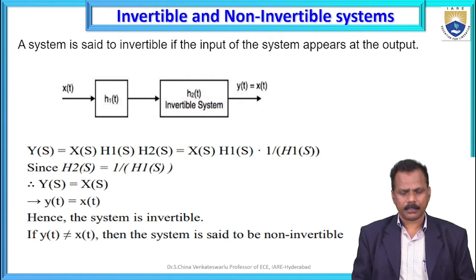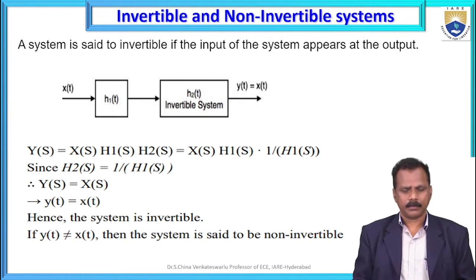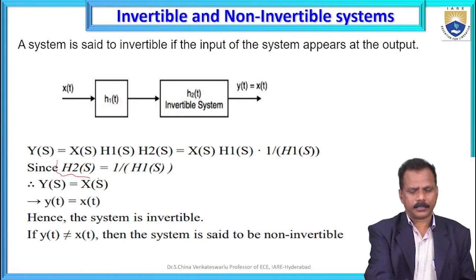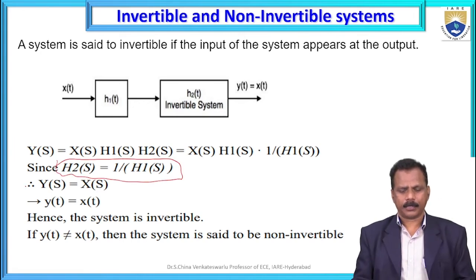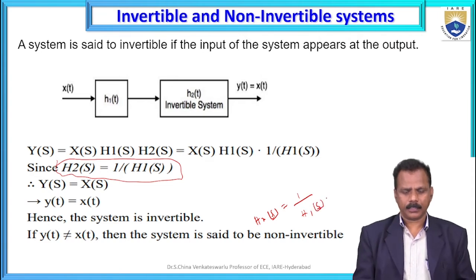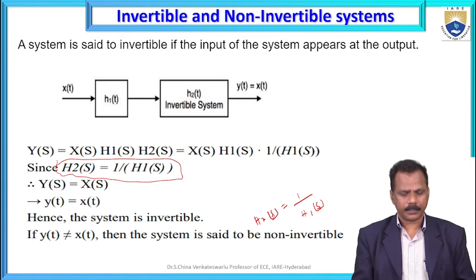Here y of s is equal to x of s times h1 of s times h2 of s, where h2 of s is equal to 1 by h1 of s. So y of s is equal to x of s, y of t is equal to x of t, hence the system is invertible.